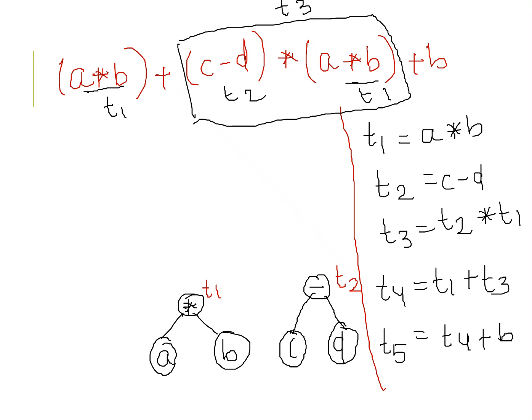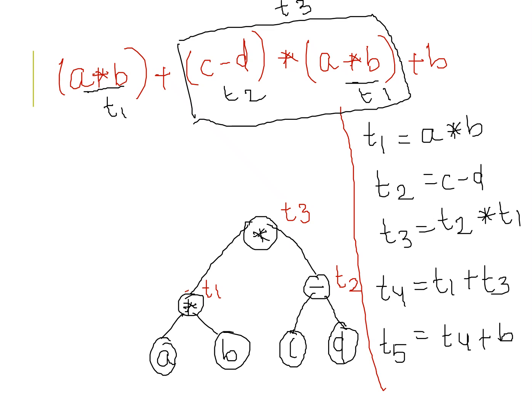Now it is T2 into T1. So, okay, I'll do it as, sorry, not to erase this, it will be T2 into T1 and this node will be named as T3. Then it is T1 plus T3.